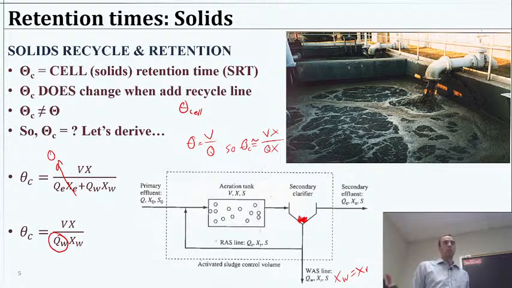But remember, we could have a very large recycle flow rate. We could take 99% of this and just send it back into the sludge tank, potentially, right? So we have a lot of control over QW. With a recycle system, we're generally going to have some amount of it recycle and some amount of it go to waste, right? So given that, that one piece ends up controlling our theta C.